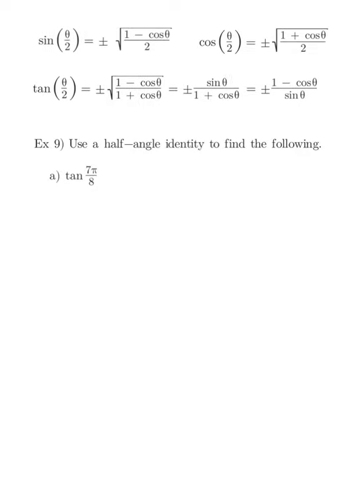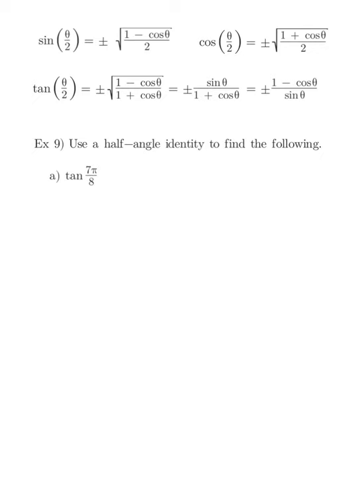Now that we have been given our half angle identities, we're going to use them to find values for our given functions. On A, we have the tangent of 7 pi over 8. The first thing you have to do is decide, should this be positive or should this be negative?